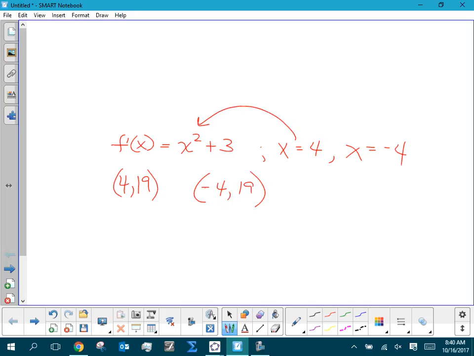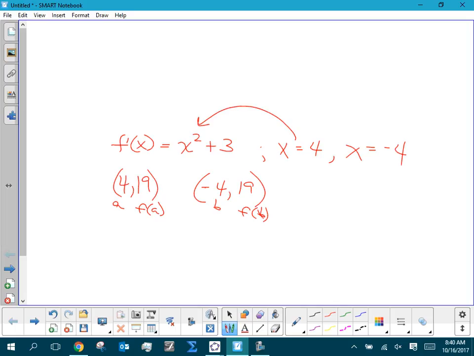If we're using the A and B terminology again, there's your A and B, there's your f of A and f of B. If you want to use x and y, or x and f of x, that's fine, it doesn't really matter. Now can we take your y's and subtract them, take your x's and subtract them, and find the average rate of change?